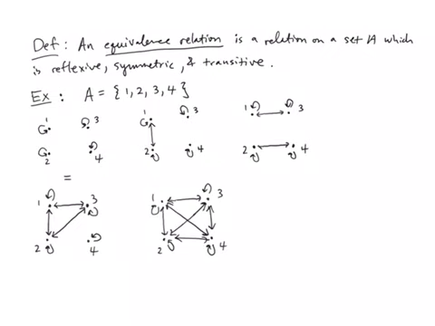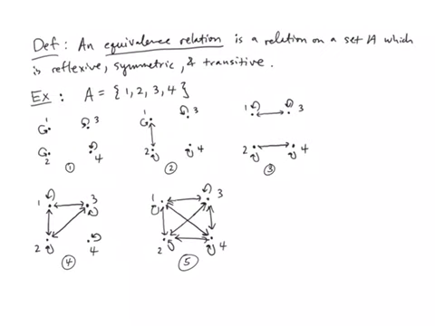And so before we end, I would just want to give you a taste of where we're going. So equivalence relations are important because they correspond to what's called a partition of a set. So let's say this is diagram 1, this is 2, this is 3, this is 4, and this is 5.